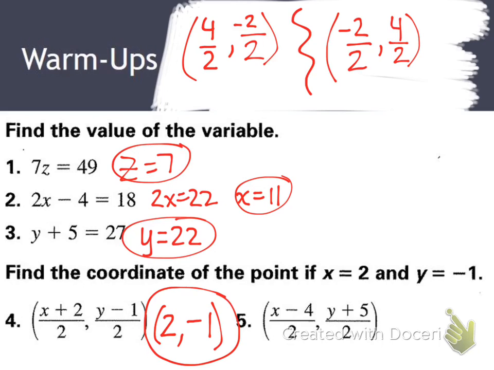Again, we simplify both of these, but this time they're in a different order. So this time I would have negative 1, comma 2 as my answer. The answers to these are points. They're ordered pairs. We don't do anything with those numbers once we find them.